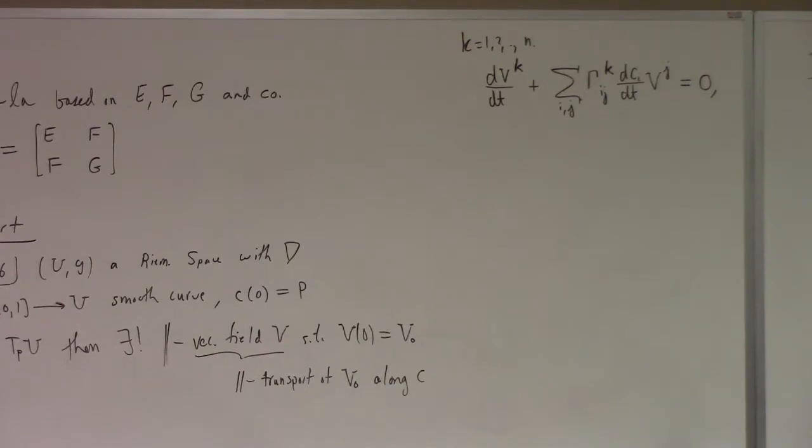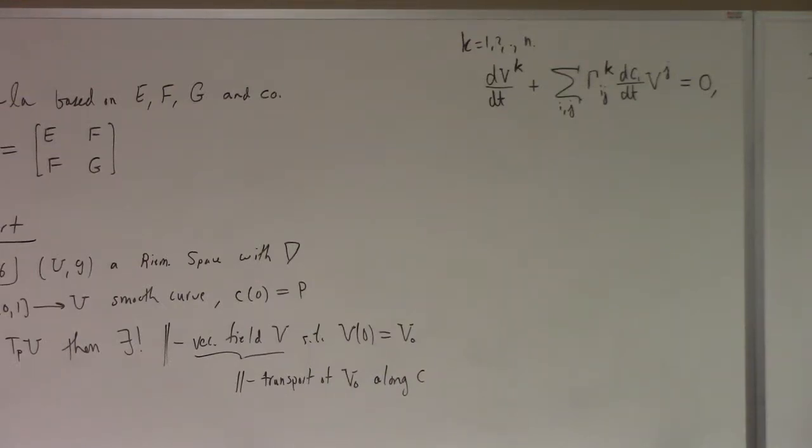But of course, the neat thing is if you pick two different vectors like V naught and V naught tilde, and you parallel transport those, then the parallel transported vectors maintain the same angle as V naught and V naught tilde did originally. There's all kinds of neat properties of this parallel transport, which are familiar to our usual physics transport.